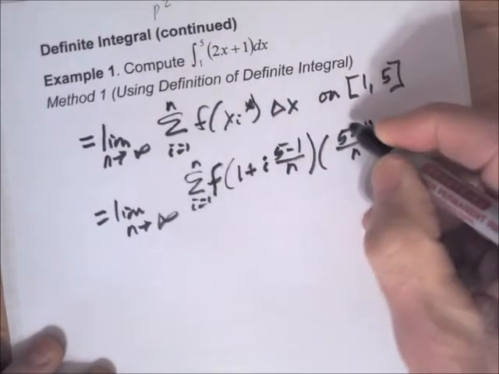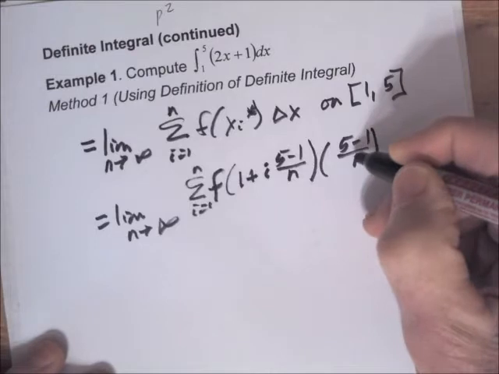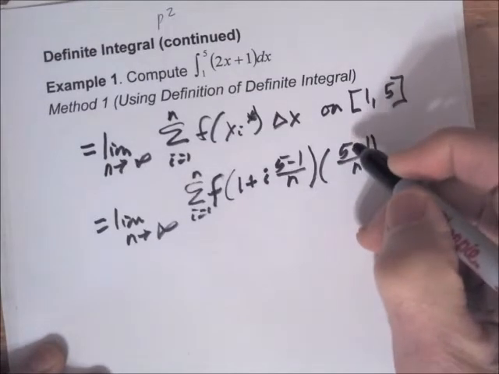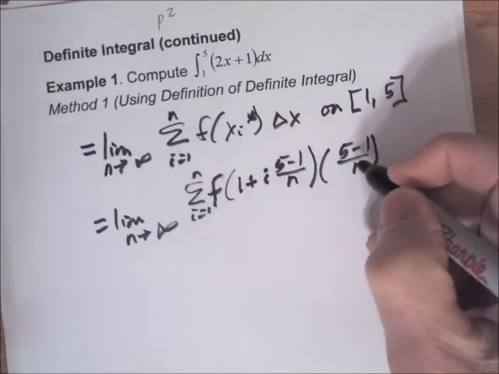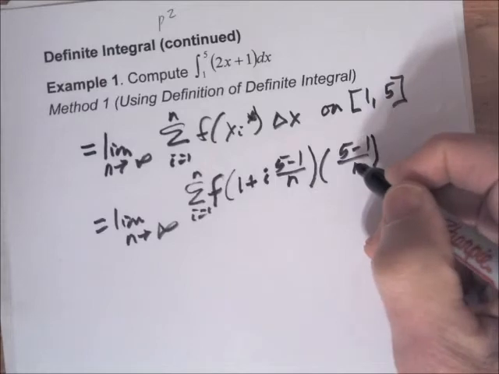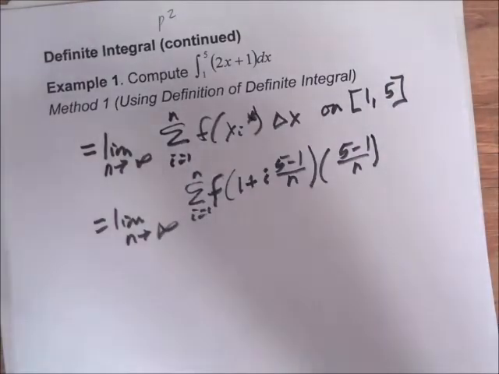And so delta x is going to be 5 minus 1 over n, because we're on the interval from 1 to 5, and we're dividing it into equal intervals. They don't necessarily have to be equal intervals, but usually it's convenient to take equal interval width.